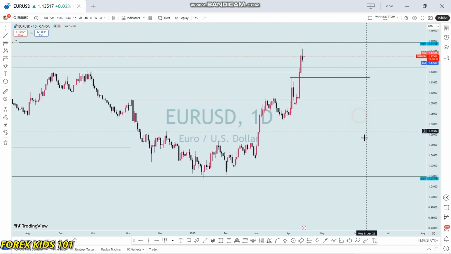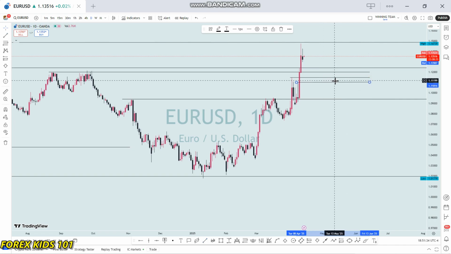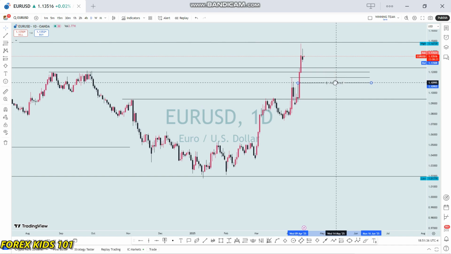That's how I like to mark my chart all the time, guys. And then I'm gonna be looking for this one here, because it just completes everything for me.